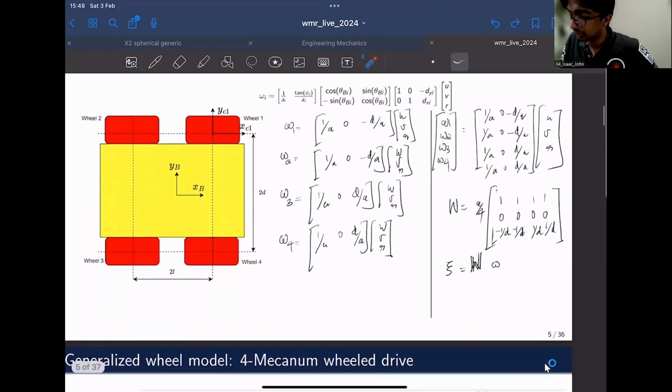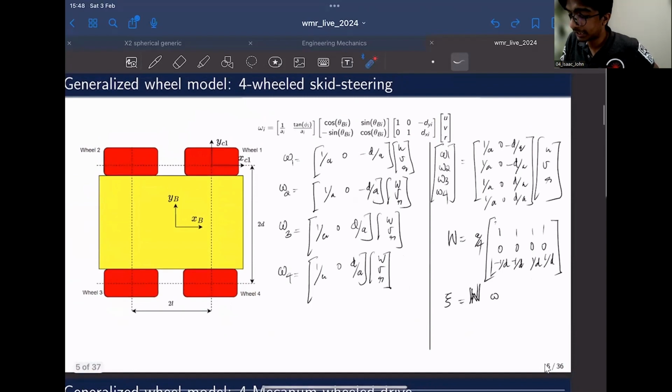And same in the case of this skid steering drive. Here also one full row is entirely 0. So at no instant can it have a pure velocity along the YB axis. But as opposed to the differential drive, it will have 4 control inputs.